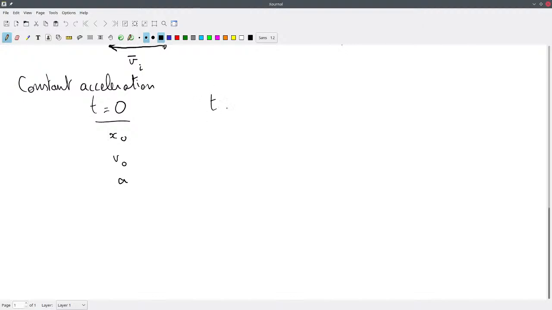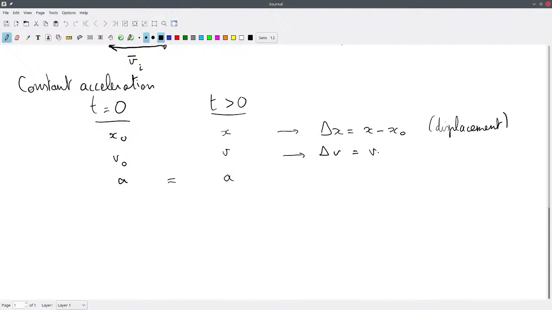At some time t greater than 0, we'll have a position x, a velocity v, and still the same acceleration a. So delta x is x minus x0. That's our displacement. We can get our delta v, which is v minus v0. That's our change in velocity. And of course, there's no change in acceleration.